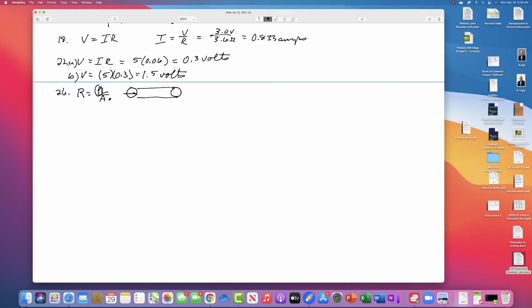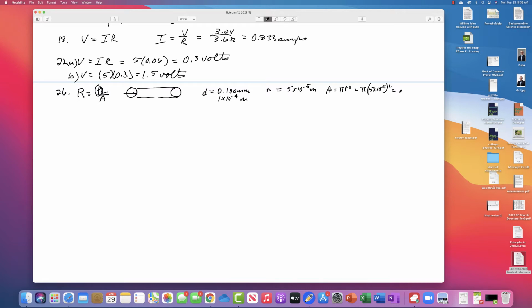So to get the area, we take the diameter, which is 0.100 millimeters, the same as 1 times 10 to the minus 4 meters, and we use the radius, which is half that, so 5 times 10 to the minus 5 meters. The area will be pi r squared, which is pi times 5 times 10 to the minus 5 squared.